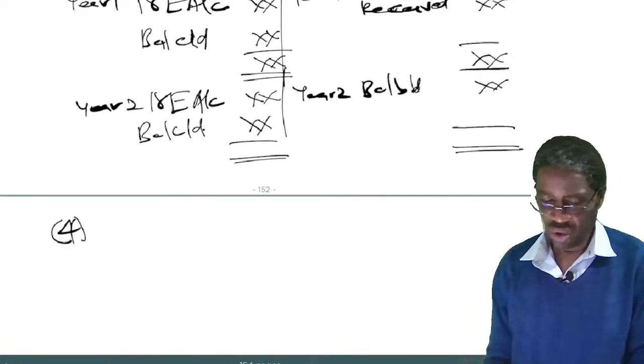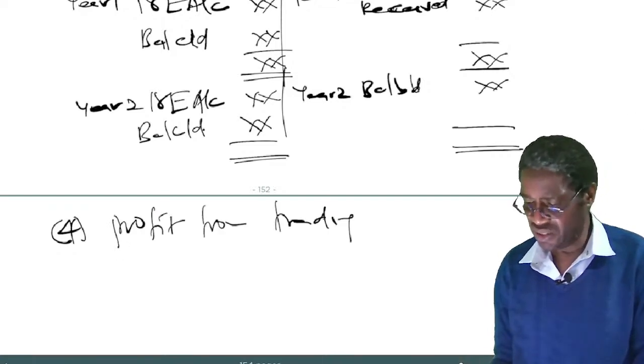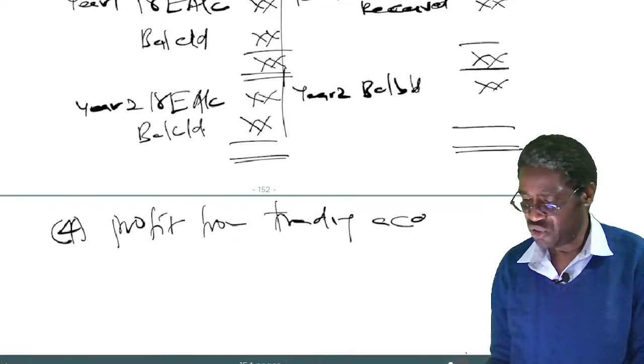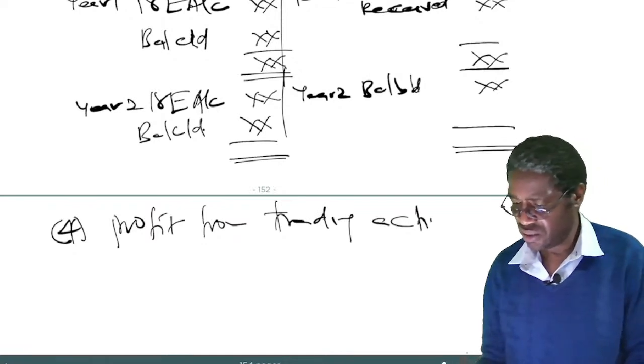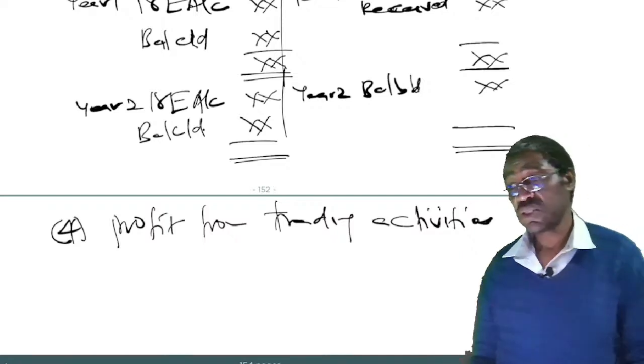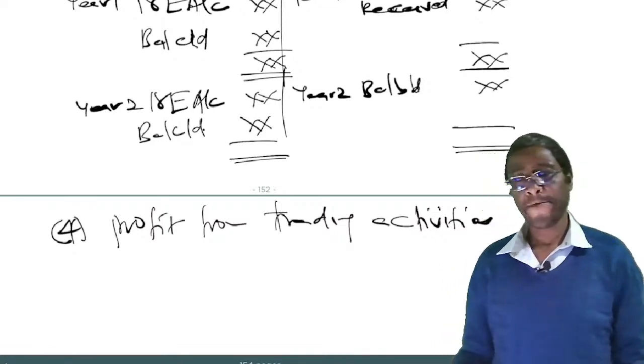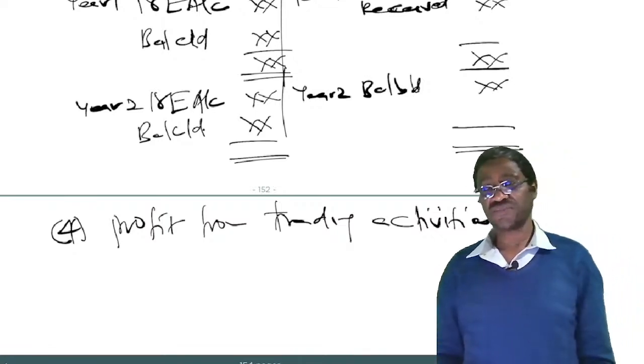Number 4, call it this way: profit from trading activities. Then you say this under that.